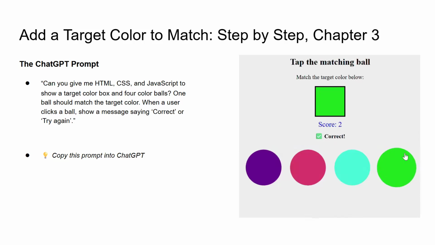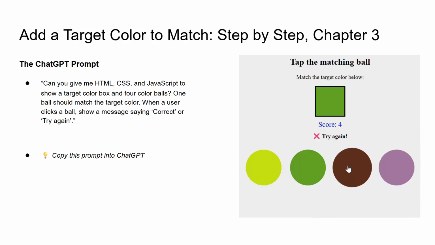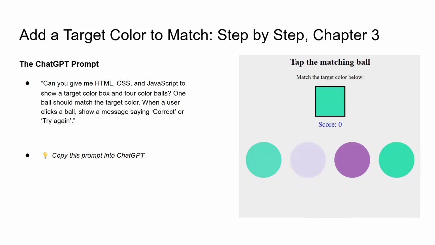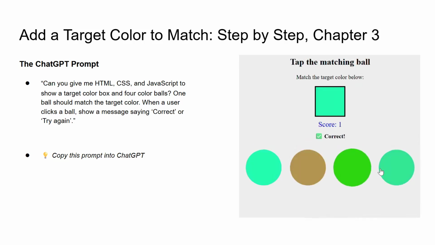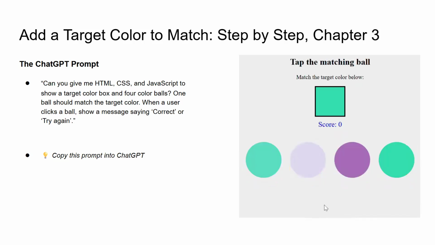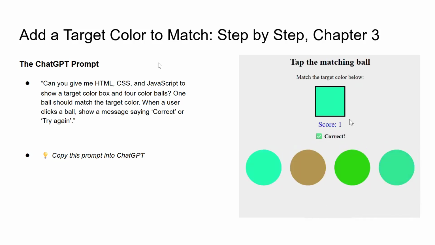So it actually simplifies the process as we showed in the last couple of slides. And the color box and the four color balls, right? One should be matching the target color. When the user clicks a ball, show a message saying correct or try again. So that's the simple and clear message for ChatGPT to give us the HTML code.